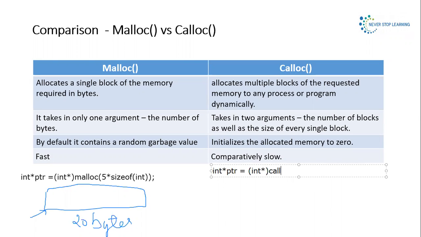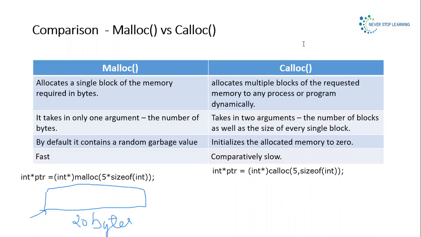Now, calloc takes two arguments, and malloc takes only one argument. So first we mention how many blocks we want, and then we give the size for this data type. I want the size for an integer, so that size will be computed using the sizeof operator, and here we give int.